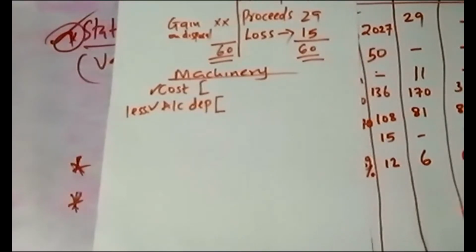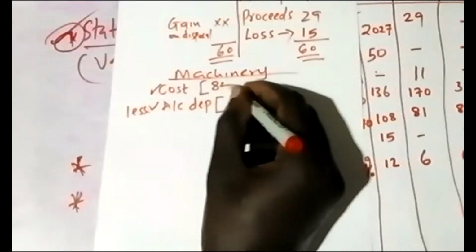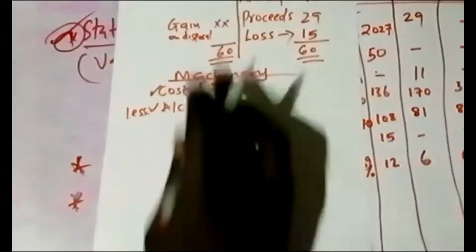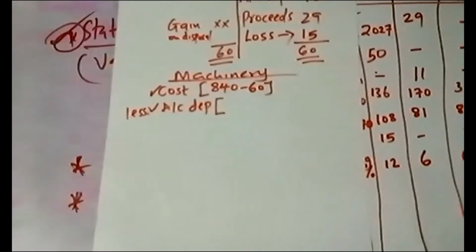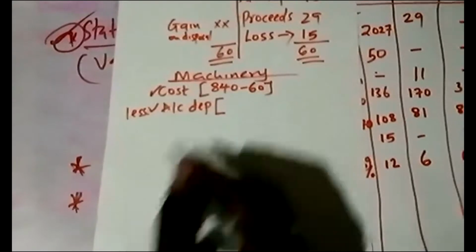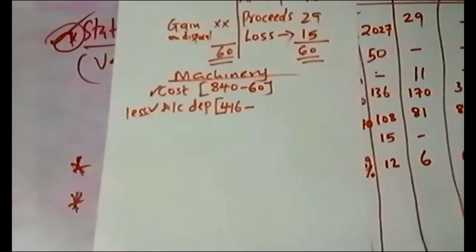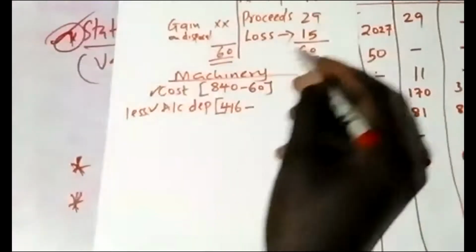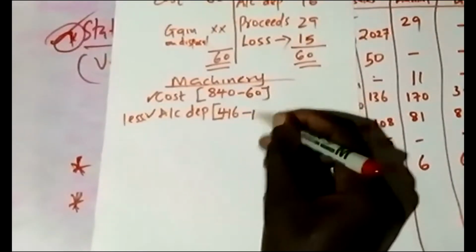The total figure of the machine was 840. So you minus what they disposed. The cost was 60. The total accumulated depreciation from the trial balance is 416. So you minus the one which was disposed, with accumulated depreciation of 16.